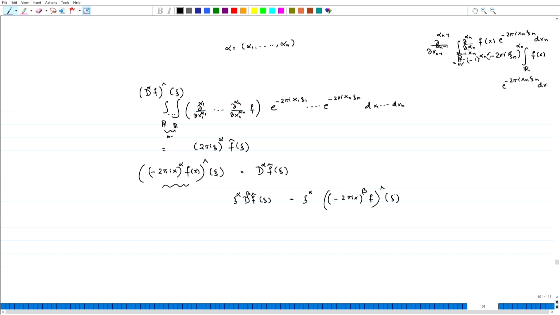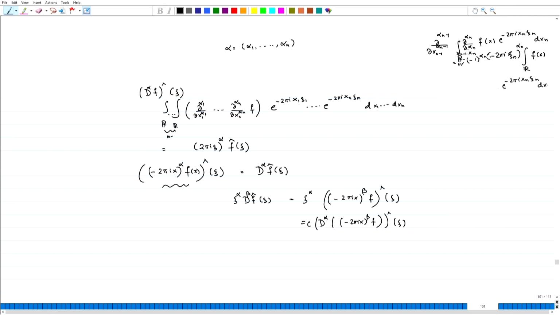Now, this is nothing but, up to some constant factor, ∂^alpha of the entire Fourier transform of minus 2 pi i x to the power beta f at xi, and so obviously this is a Schwarz class function.